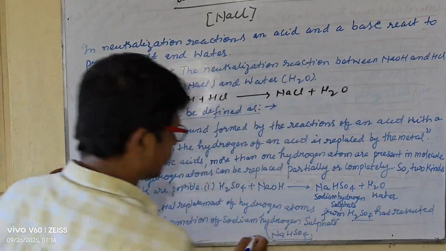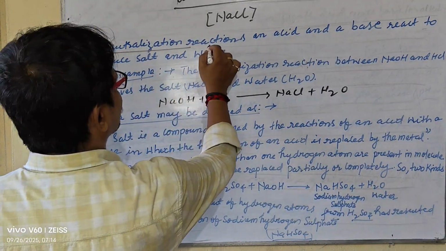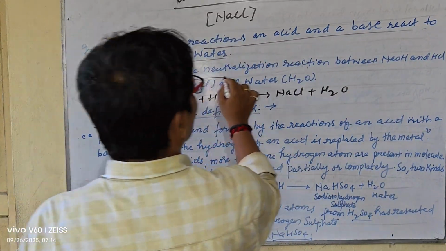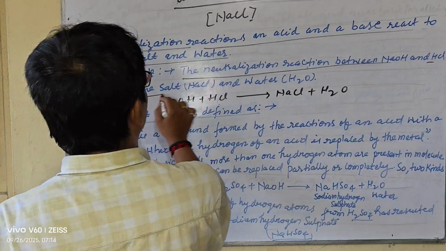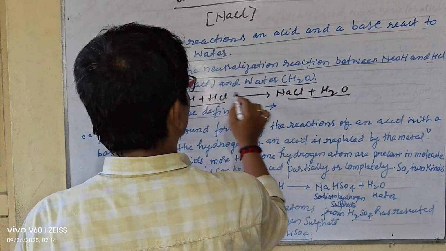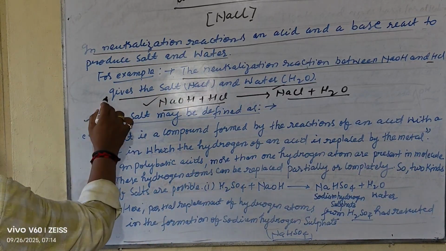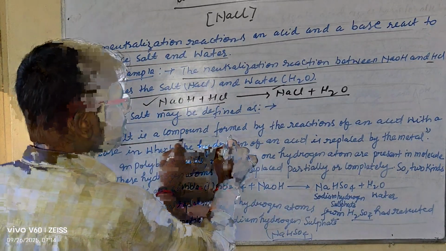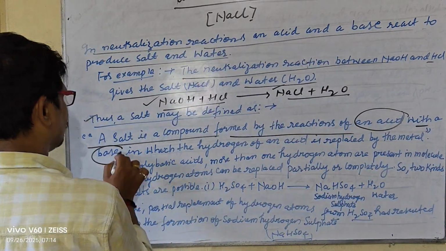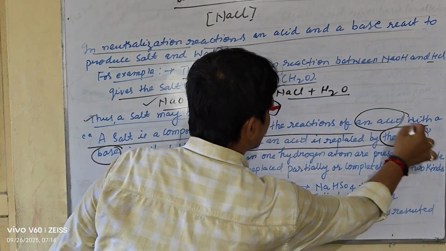So my dear student, in a neutralization reaction, an acid and a base produce salt and water. The neutralization reaction between NaOH and HCl gives the salt NaCl and water, H2O. Thus a salt is a compound formed by the reaction of an acid with a base in which the hydrogen of an acid is replaced by a metal.